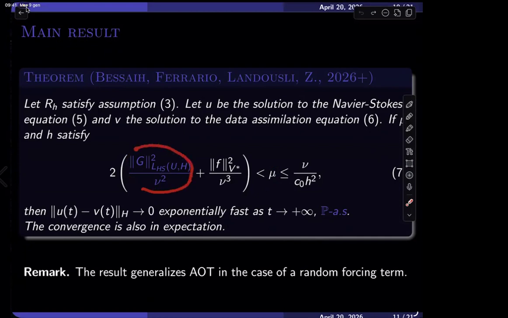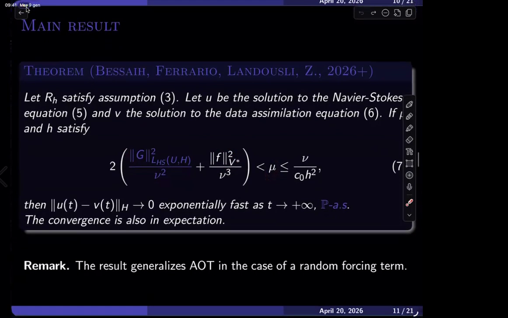Roughly speaking, if you consider a stochastic force in your system, then the intensity of the stochastic forcing appears, and the nudging parameter has to be greater than the sum of the deterministic force and the stochastic forcing terms. If you switch off the noise, this term disappears, and you recover exactly the deterministic result by Azouani, Olson and Titi.